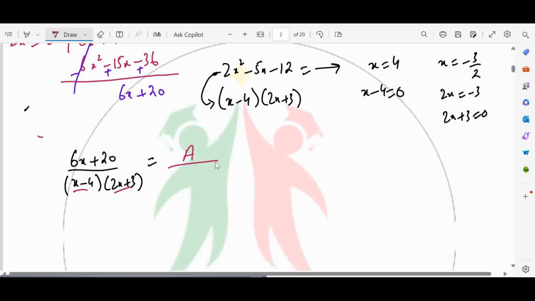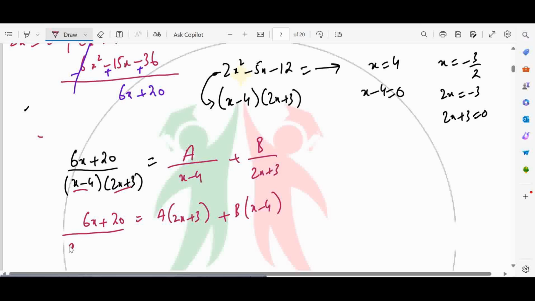So we can write it as a by (x minus 4) plus b by (2x plus 3). Now if we take the LCM, we can write 6x plus 20 is equal to a into (2x plus 3) plus b into (x minus 4), and in the denominator it's (x minus 4)(2x plus 3), and here again we will have (x minus 4)(2x plus 3).